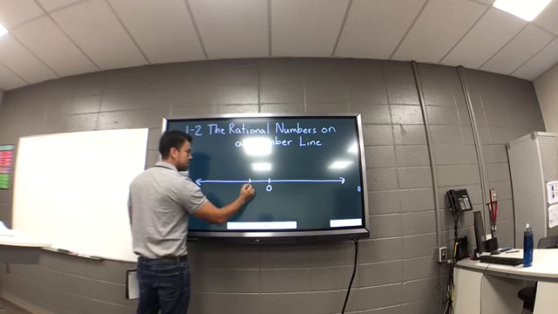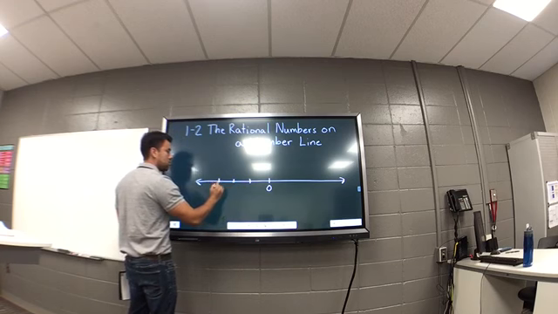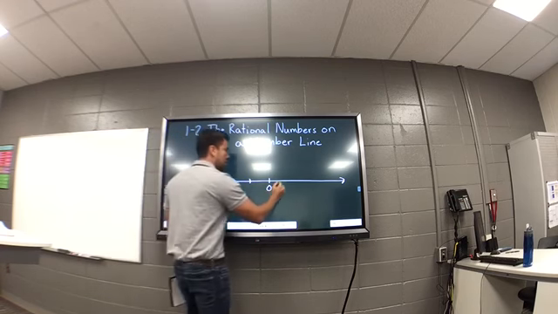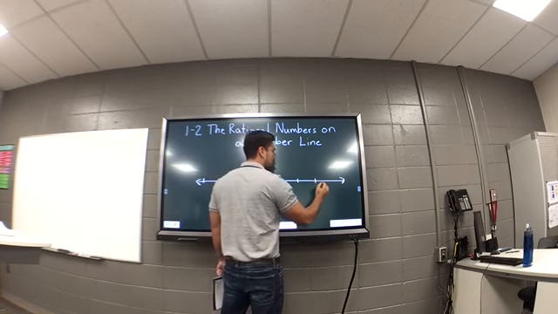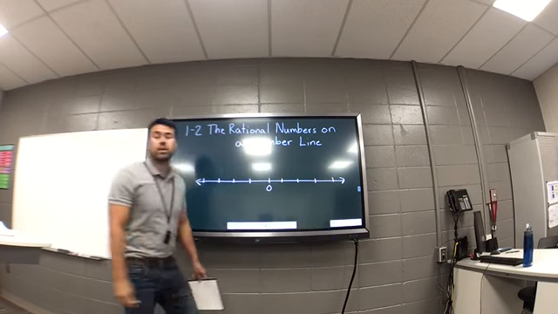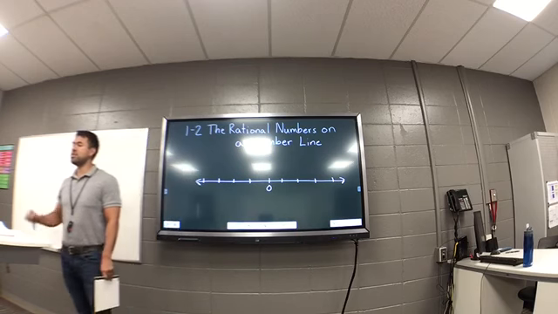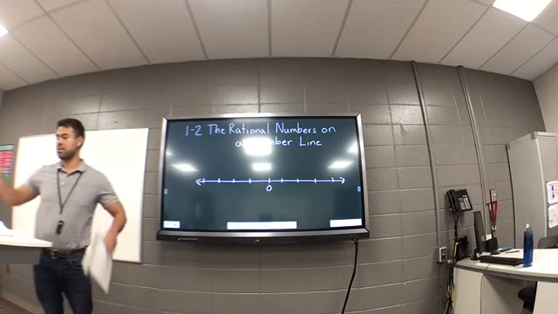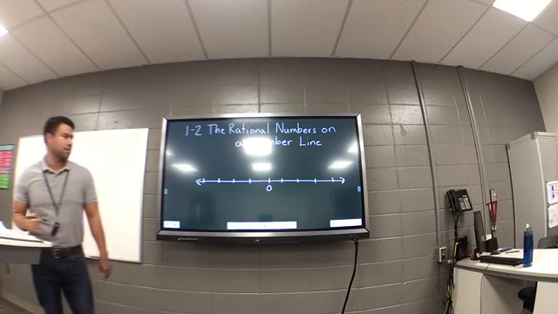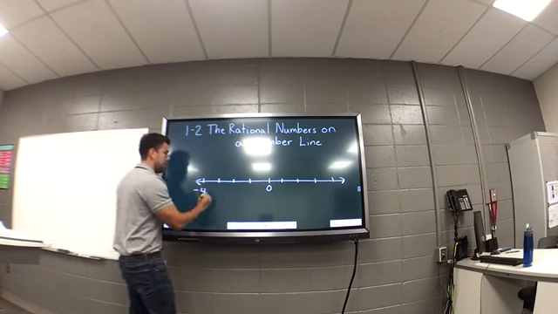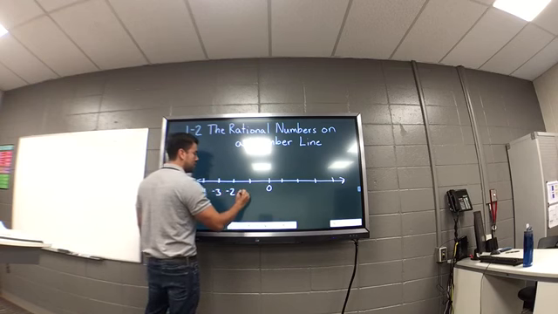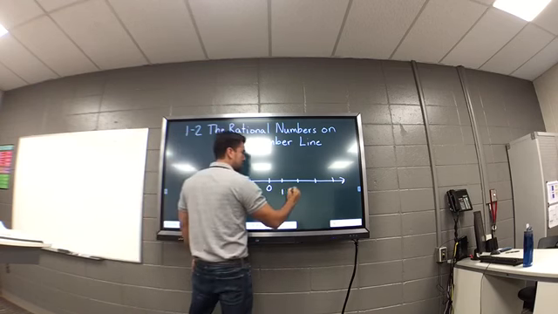So give it some space here: 1, 2, 3, 4. 1, 2, 3, 4. Now, if you notice what I did on the board, Mr. A took just a little bit more time, but spaced it better. It's not perfect, but it should be usable. And then label your points or your tick marks.